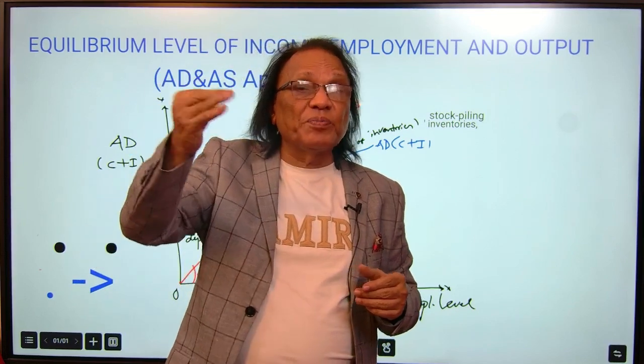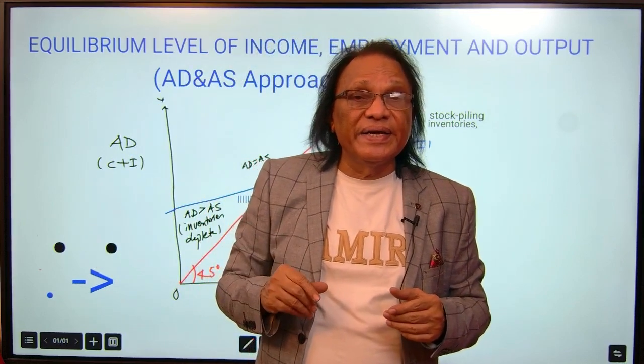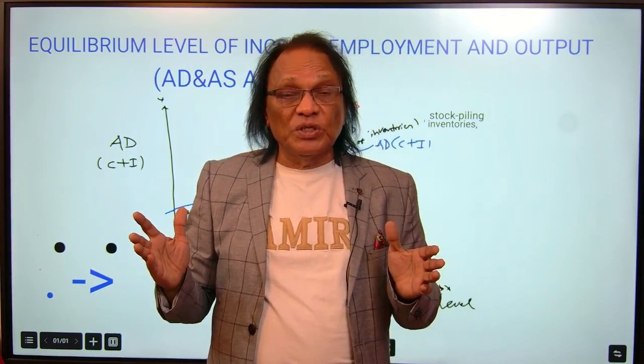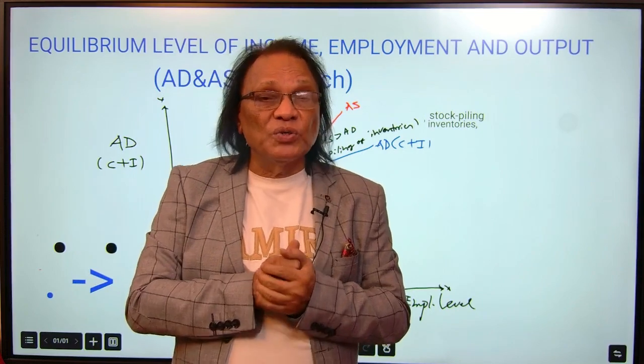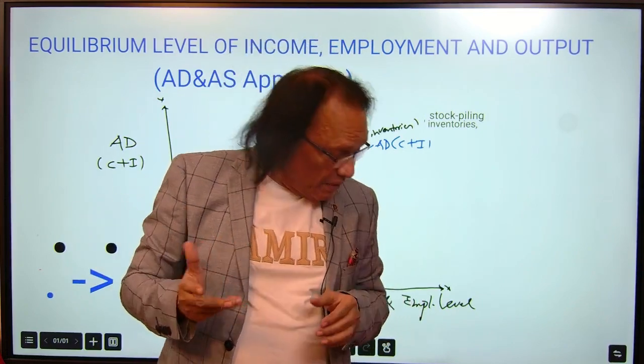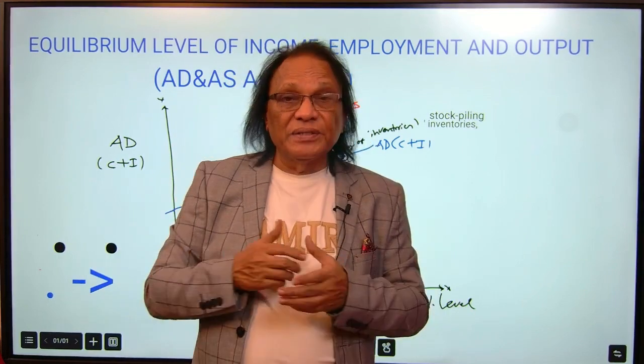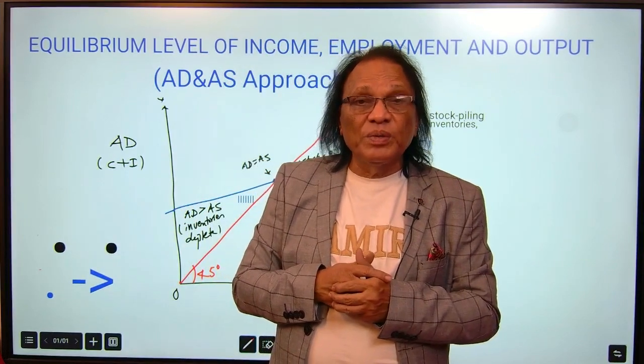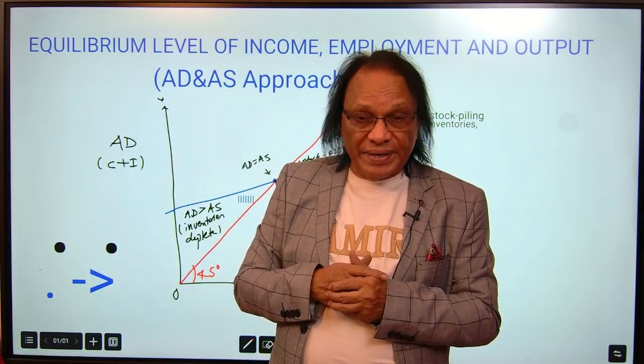If you go beyond that point, AS is greater than AD, it leads to a stockpiling situation. The producers will not be able to sell their goods. As a result, income, employment and output, everything will come down till the point AD becomes equal to AS. So the economy will be at equilibrium only when AD is equal to AS.